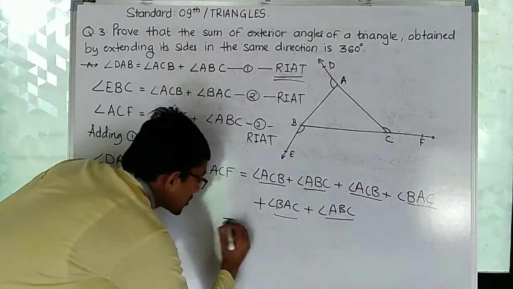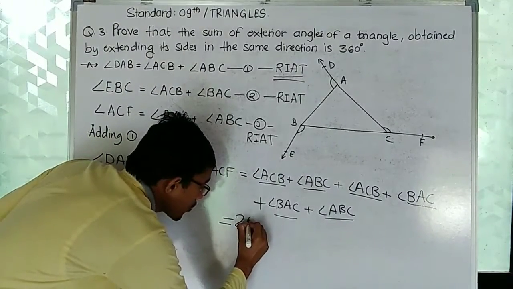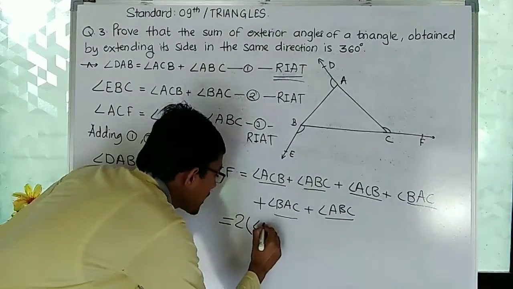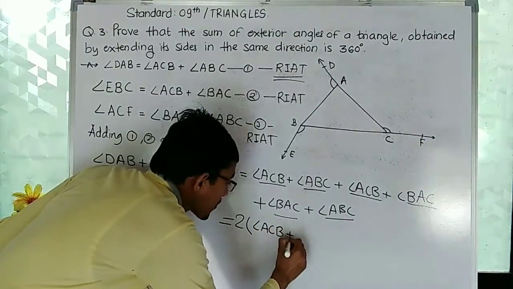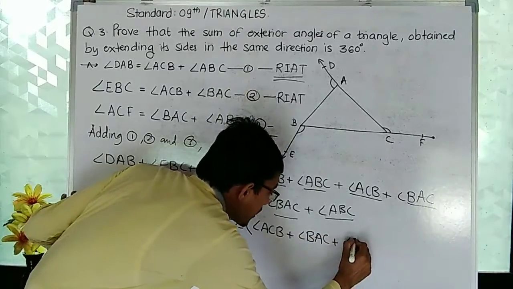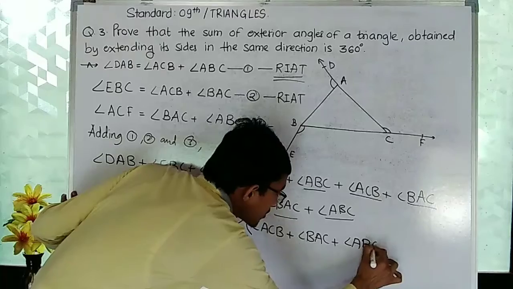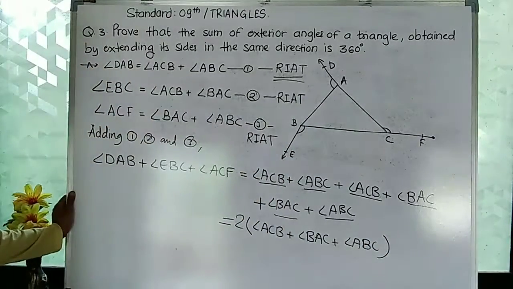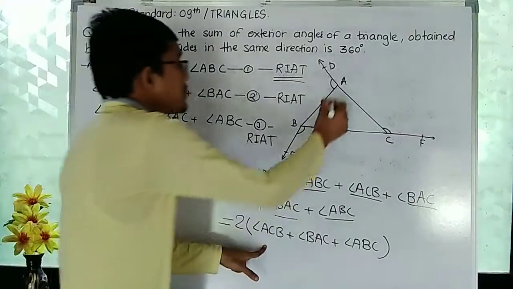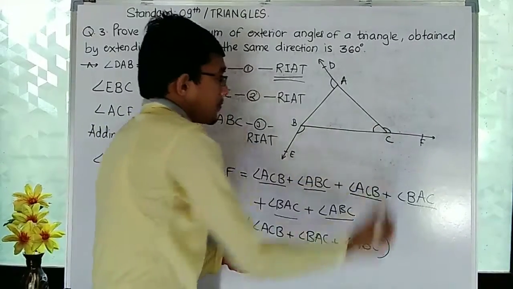So I am getting 2 in bracket, I will take 2 common, I will get angle ACB plus angle BAC plus angle ABC. Okay, now angle ACB, that is this angle.